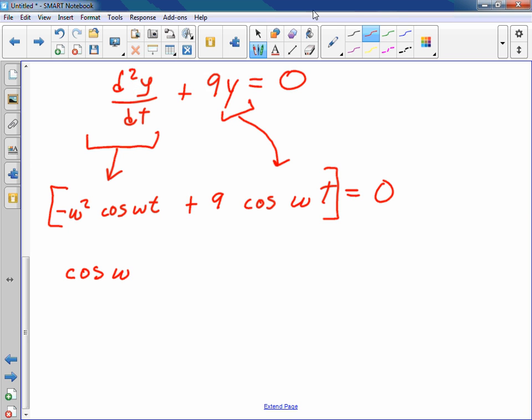Cosine omega t exists in both terms. Therefore, let's factor it out, not cancel it or subtract it. Very good, Mo. Equals 0. Okay, so what does that mean?